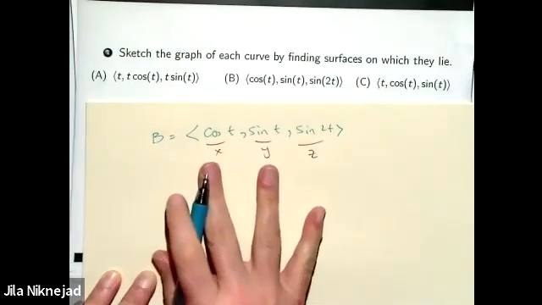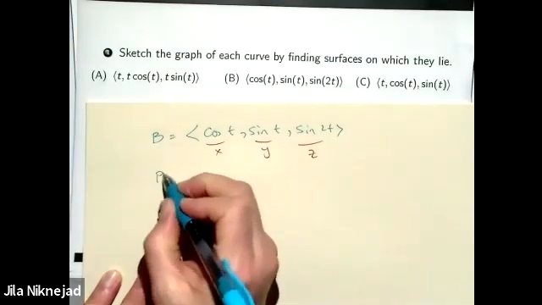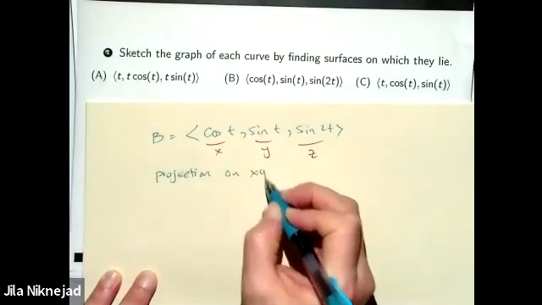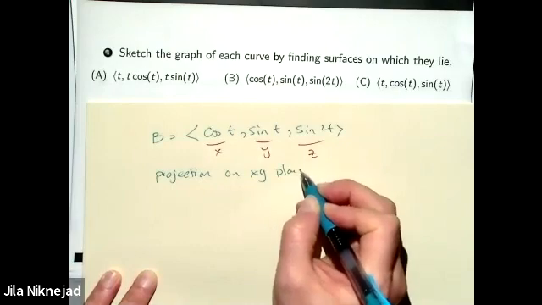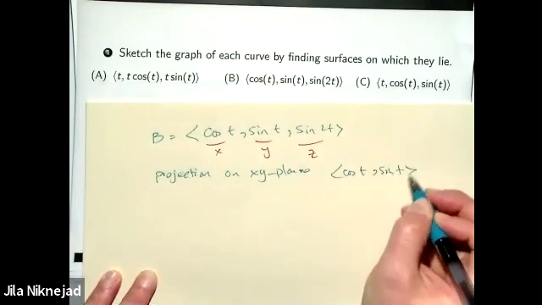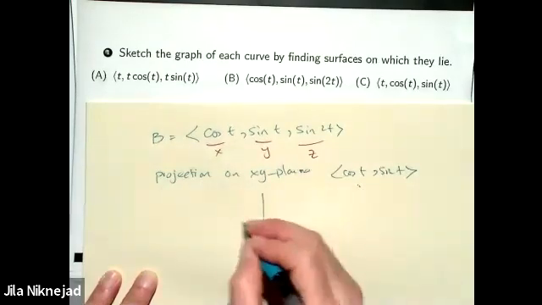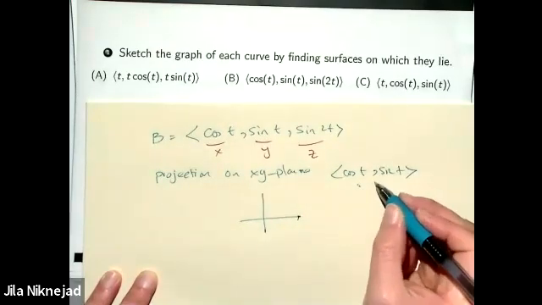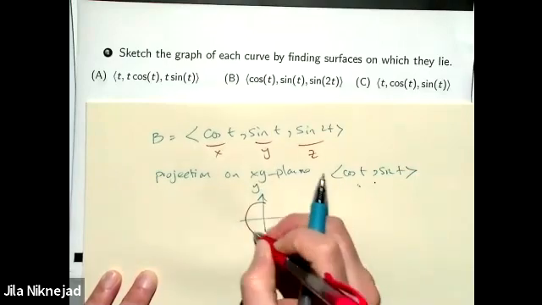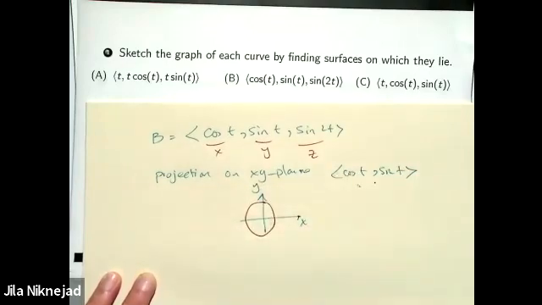And I see immediately the projection on the xy plane, which is cosine of t and sine of t, is a circle, precalculus or Calc 2. Okay.